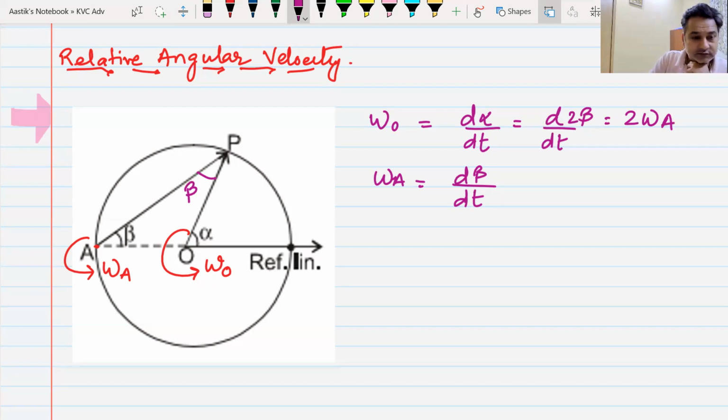Note this down, for relative angular velocity.